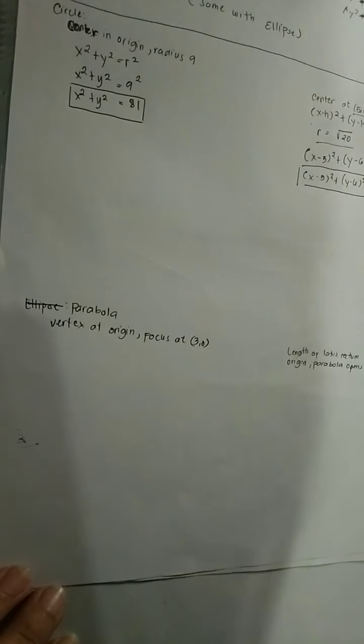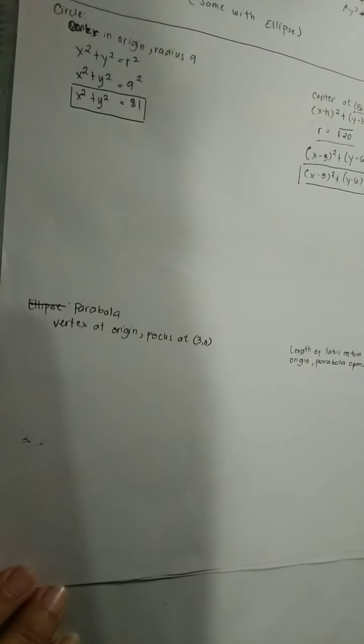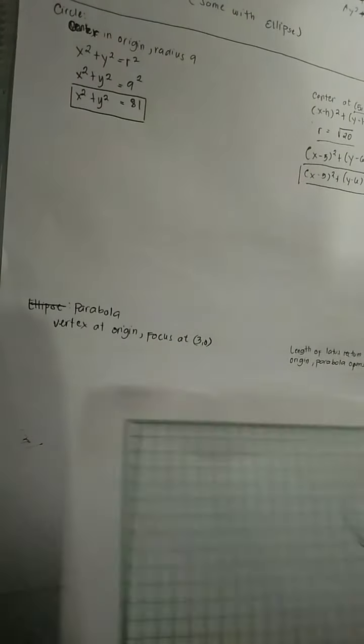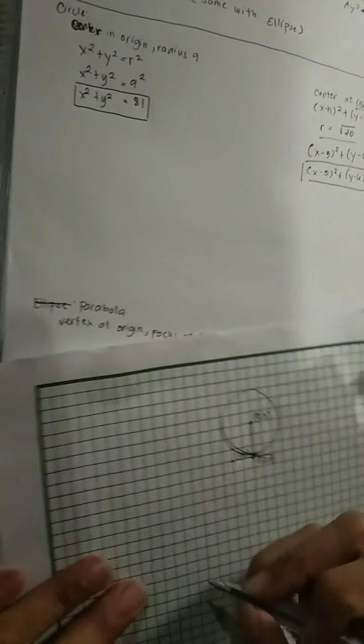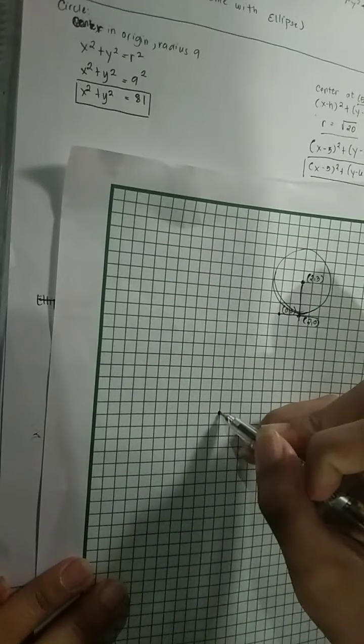For us to easily identify where the parabola would open, we should always plot it para hindi siya mahirap. Our vertex is here, the origin (0, 0).